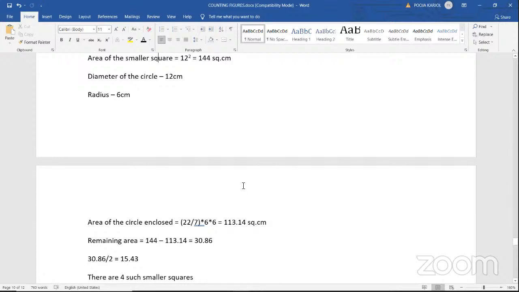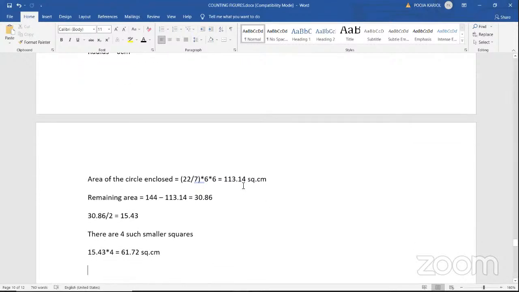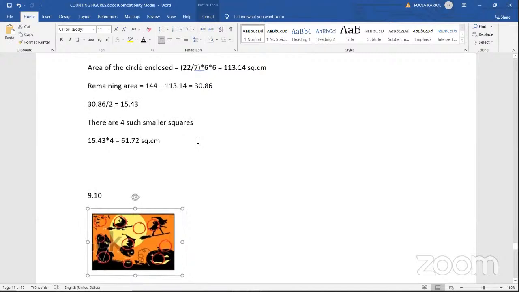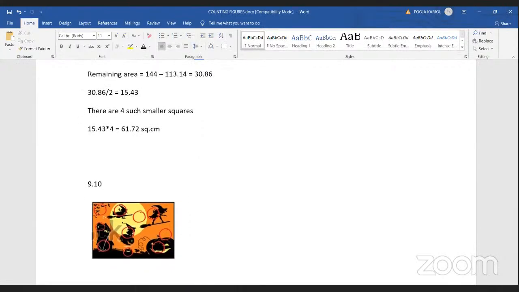I took 3.14 as the pi value. Acha, like that. Okay, I think it's fine. No problem. The reason I got a different answer is I always take it as a fraction. So as you know, if you take it in decimal form, it changes the value.